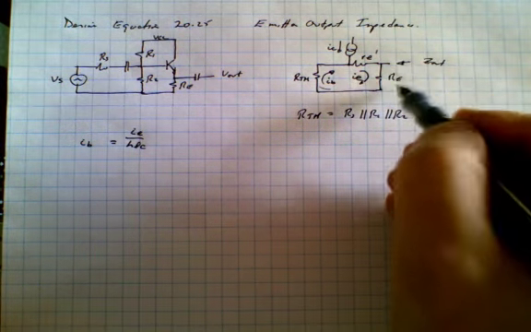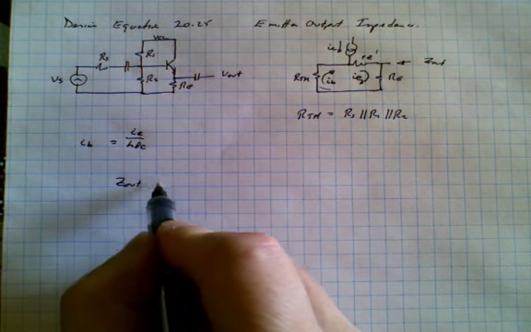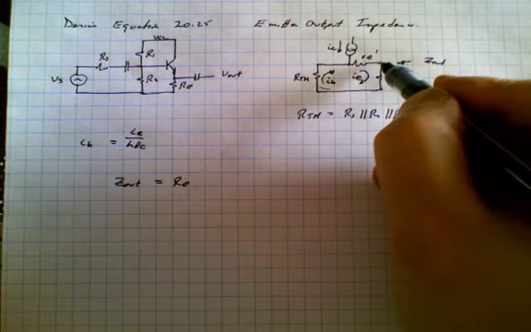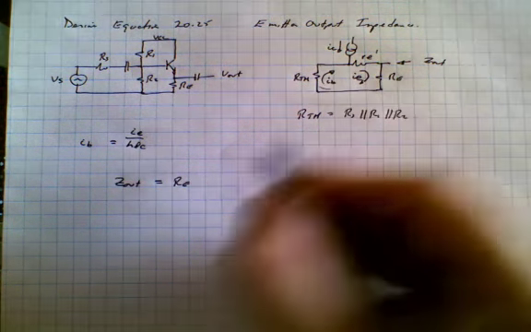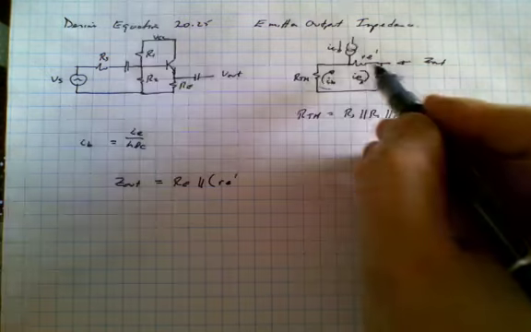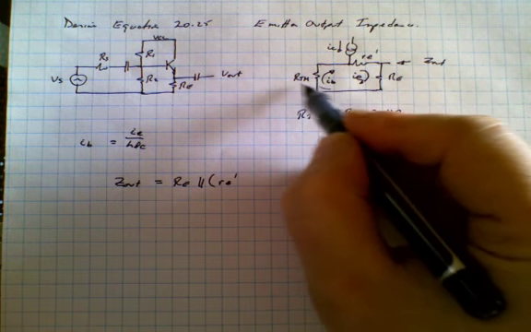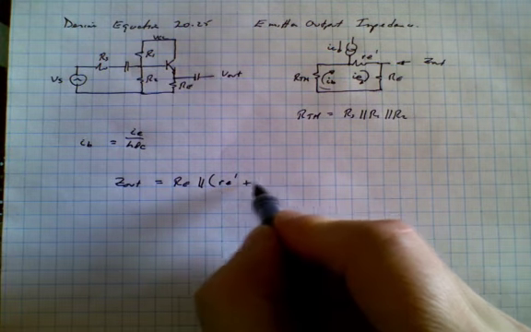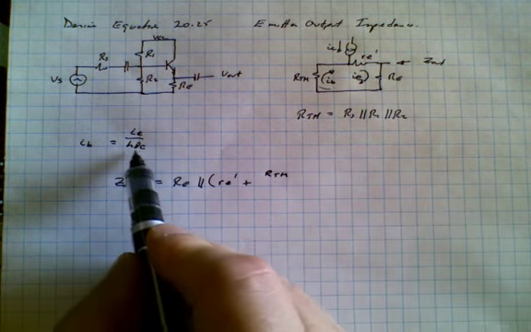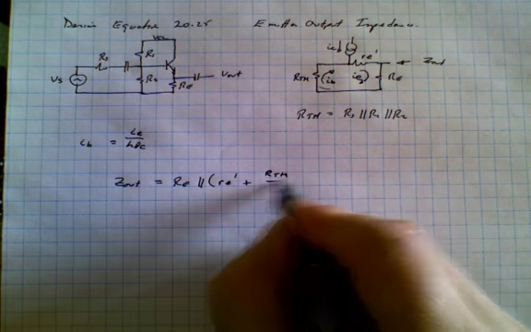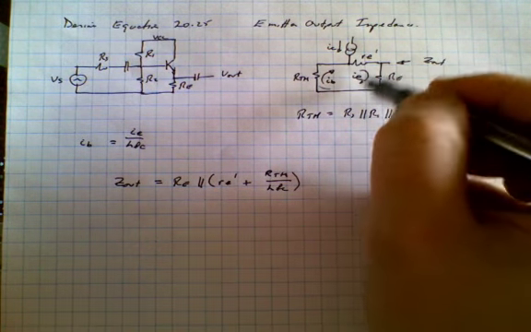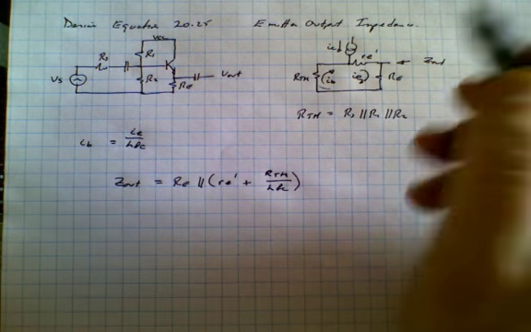What we're going to notice right off the bat is that Z out is equal to RE, the emitter resistor, in parallel with this, in series with this: in parallel with RE prime, and that's in series with this value, R Thevenin, divided by HFC, thus keeping the currents in this loop IE, and therefore not changing the impedances.